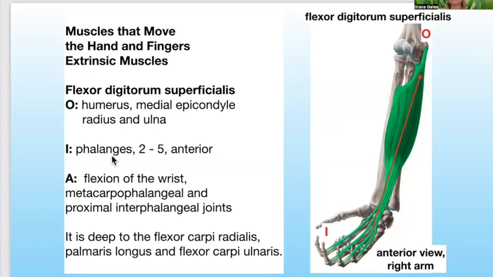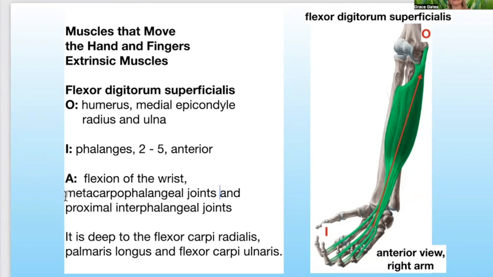The insertion is on the phalanges 2, 3, 4, and 5, on the anterior phalanges. Action is flexion of the wrist, the metacarpophalangeal joints, and the proximal interphalangeal joints. I know that's a mouthful and you have to kind of break it down.